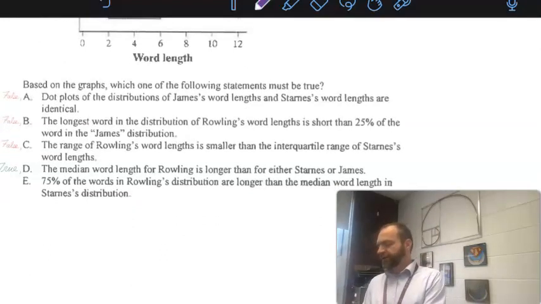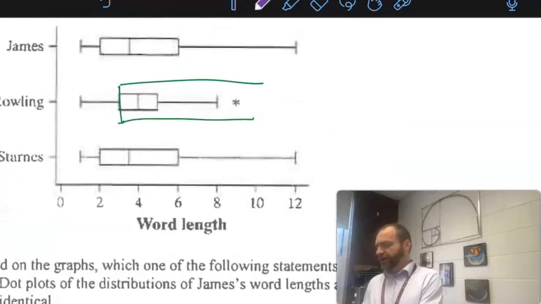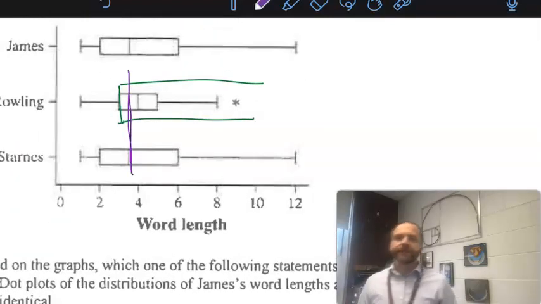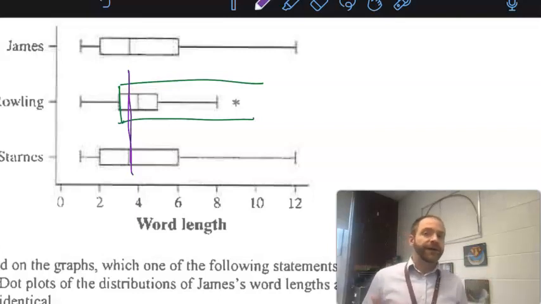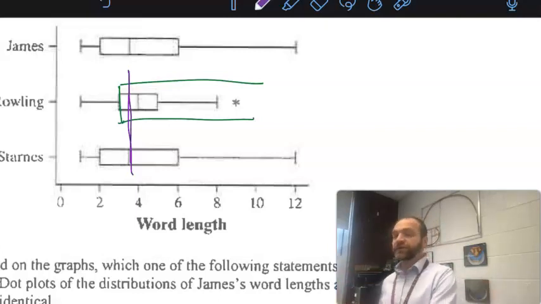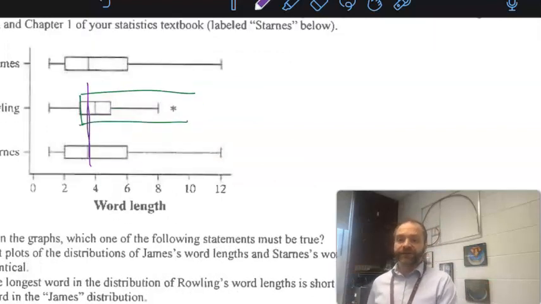Well, let's see, where's the median for Starr's? So I have Starr's median is right here. Nope. That purple is actually ahead of the first quartile for Rowling, so it turns out that one is false as well.